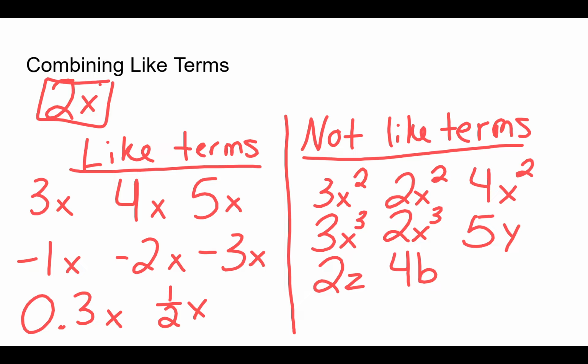There's also an invisible one with each of these x's. With each of the x's by themselves as a variable, it has an invisible one as its exponent. That's kind of important to know just so that you can visualize why these are different, because x to the first power is a heck of a lot different than x to the second power or x to the third power. So that is why they are not like terms.